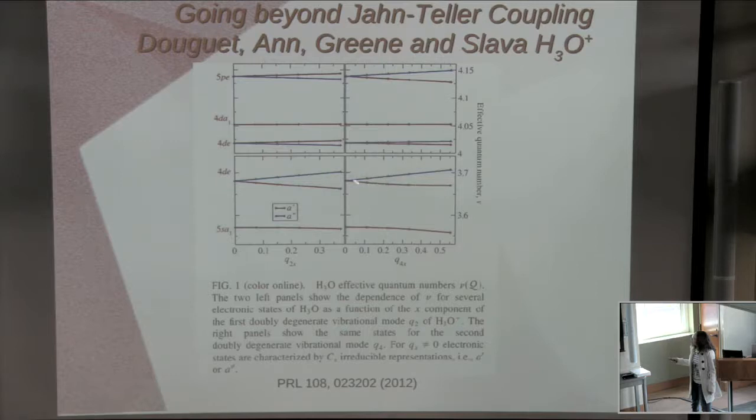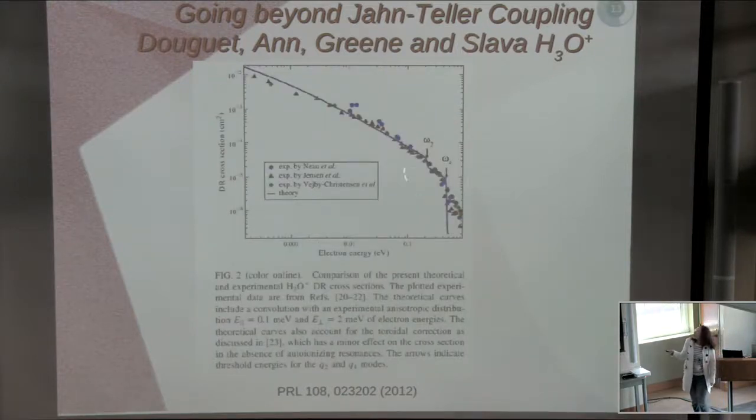As you see, this one is a little bit bent because it reflects the coupling to this other A prime curve. So they also take into account the coupling between states that were not accounted for in the first version, and the cross-section is in pretty good agreement with available experimental data.